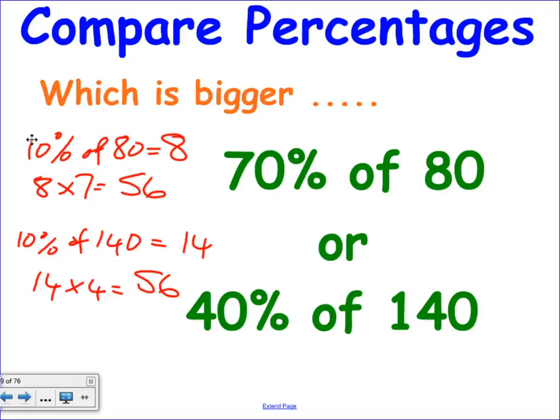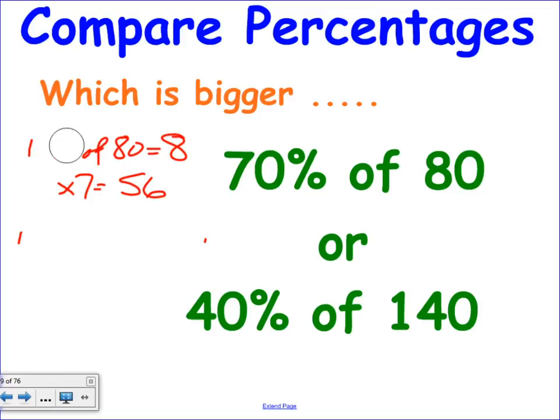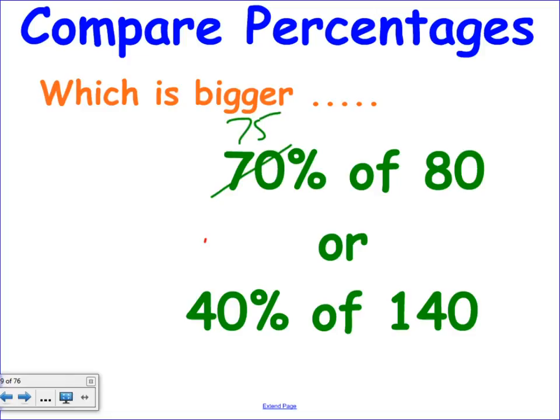If it was a nasty number, like 75% and 45%, the rule still applies, but you just have to halve your 10%. So if we made this 75% and 45%, it's no different. Do your 10% rule, which gives you 8, okay?